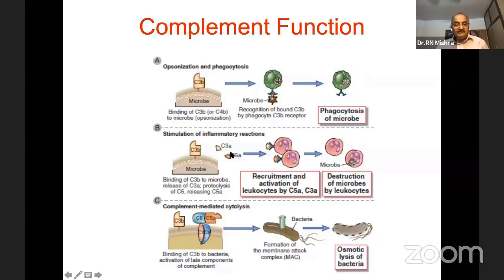I told you that C5a particularly is a very powerful anaphylactic toxin, and it can recruit and activate leukocytes, by both C5a and C3a. Recently a drug has come which can inhibit C5a and has been proven useful in ANCA-associated vasculitis.